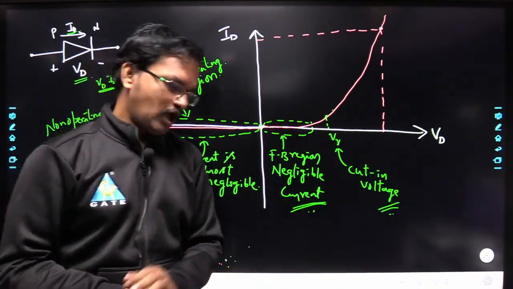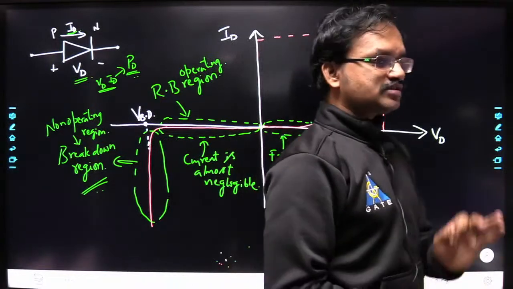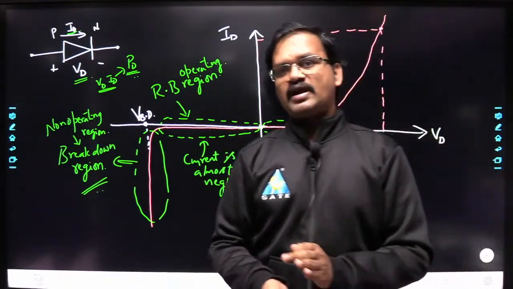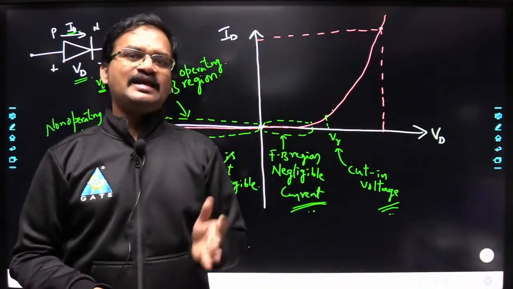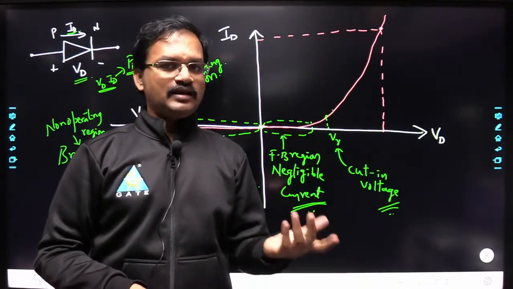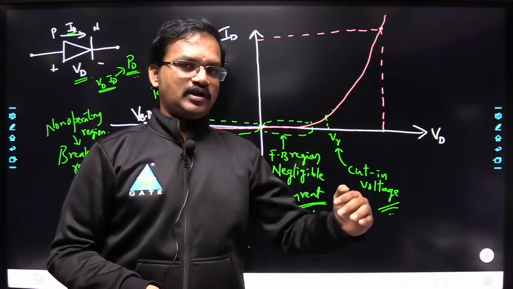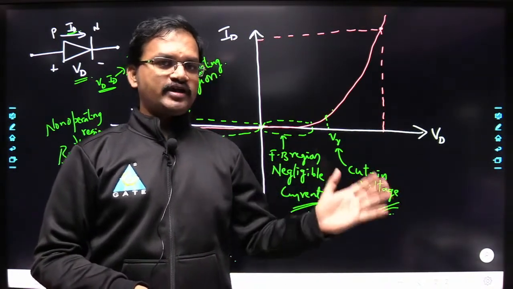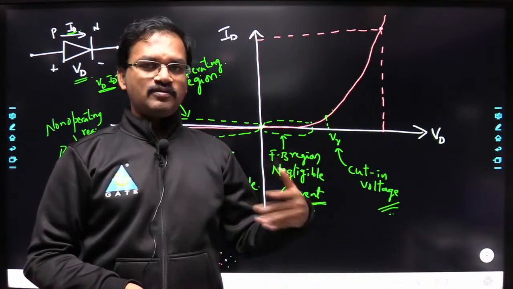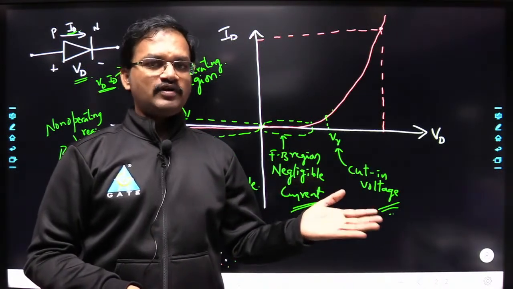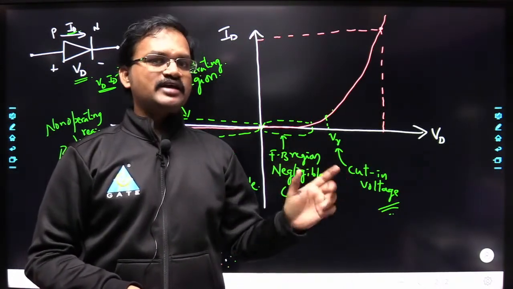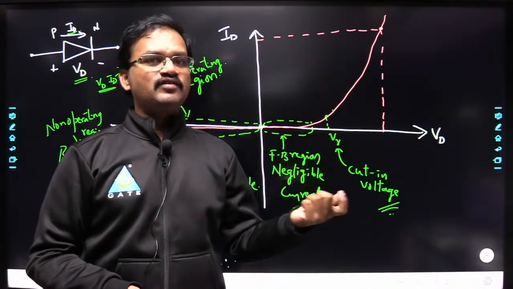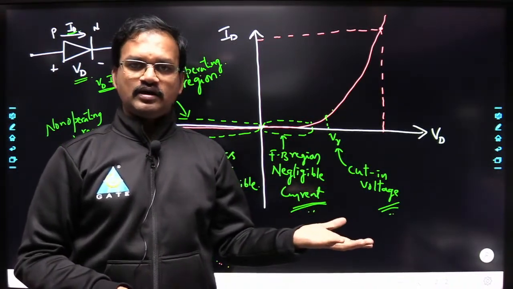Yes or no? So for any device or component, there is a power handling limit. Beyond that limit, if the power across the device or component goes beyond it, the heat generated will be more, and that device cannot tolerate that much heat, and it will get burned away. Right.